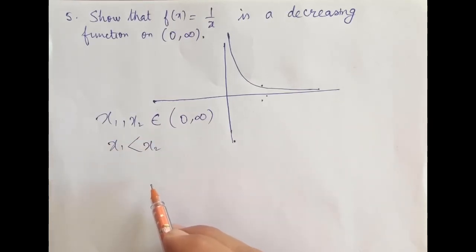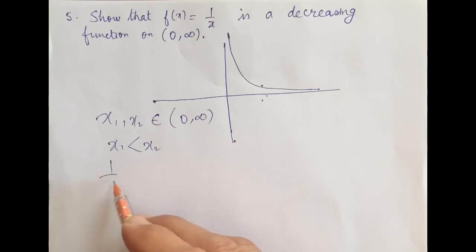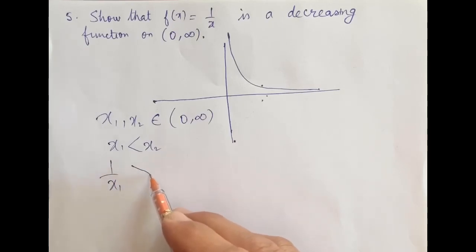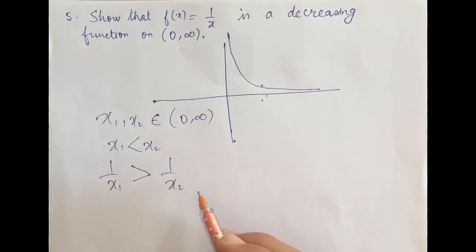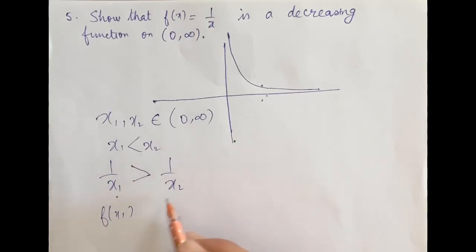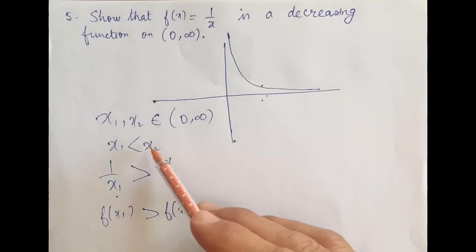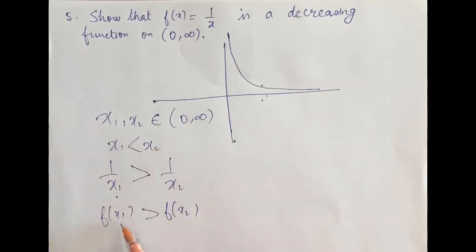Now taking reciprocal, 1 by x1 will be greater than 1 by x2. 1 by x1 is f of x1 and 1 by x2 is f of x2. So from x1 less than x2 we have proved f of x1 greater than f of x2. Therefore this is a decreasing function on the interval from 0 to infinity.